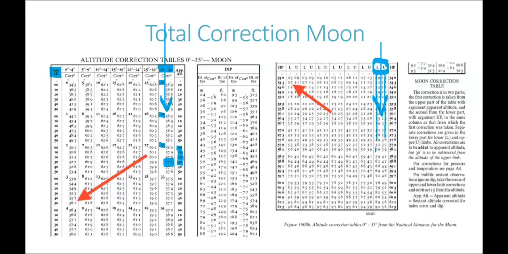Now, where do you have to stop? Now, the row is decided by the HP of the moon. What is HP? HP is the horizontal parallax. What is horizontal parallax? I told you about parallax in the diagram. It is the angle at the center of the body subtended by the radius of the earth.